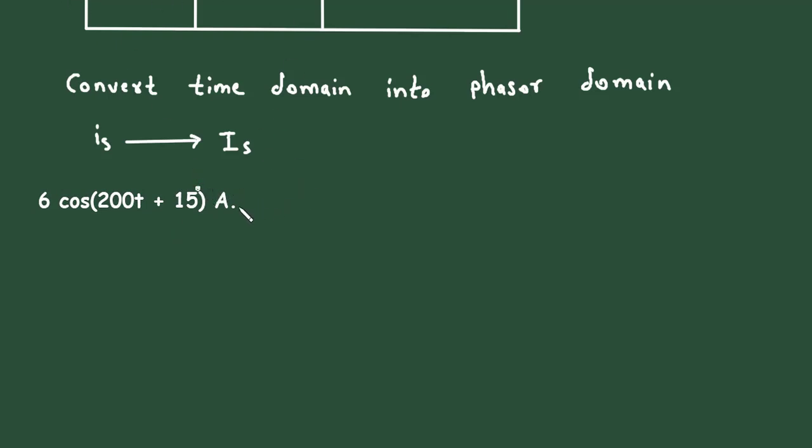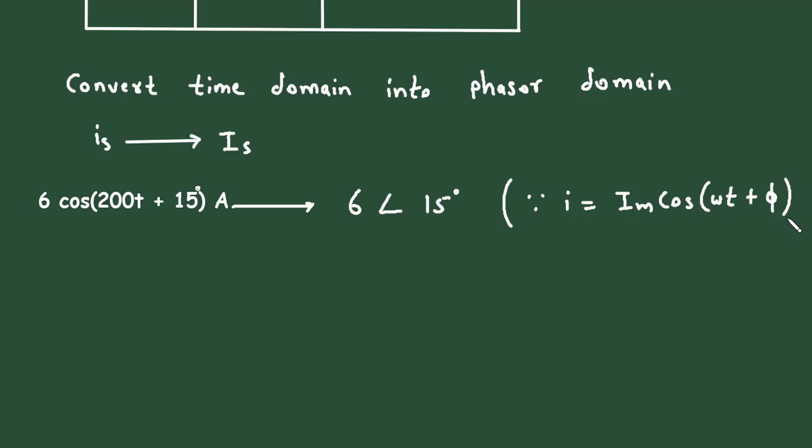This will be changed to 6 at an angle 15 degree, because if we compare this with the standard expression, it is Im cos(omega t + phi).